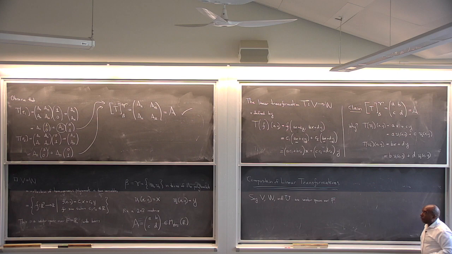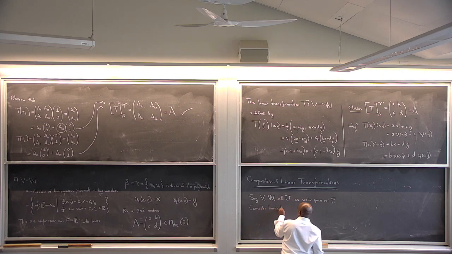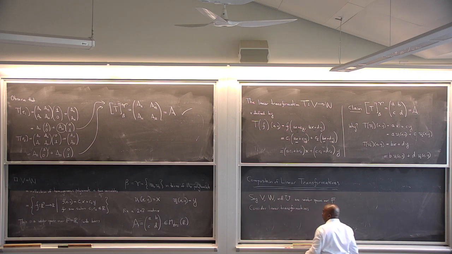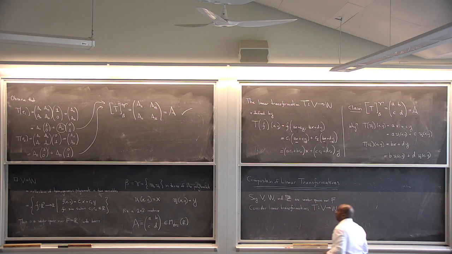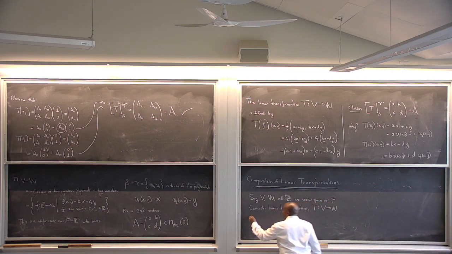And what I want to do is now consider a couple of different linear transformations. So let's say that perhaps we have a linear transformation T, going from V to W. Sorry, this here should be a Z. Sorry. V, W, and Z are my vector spaces. And let's say I have another linear transformation.